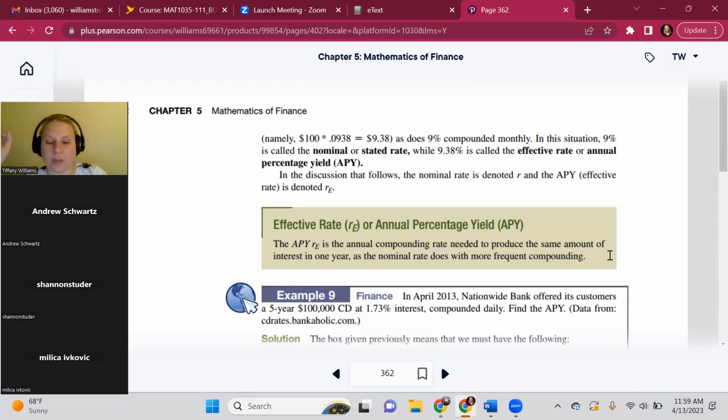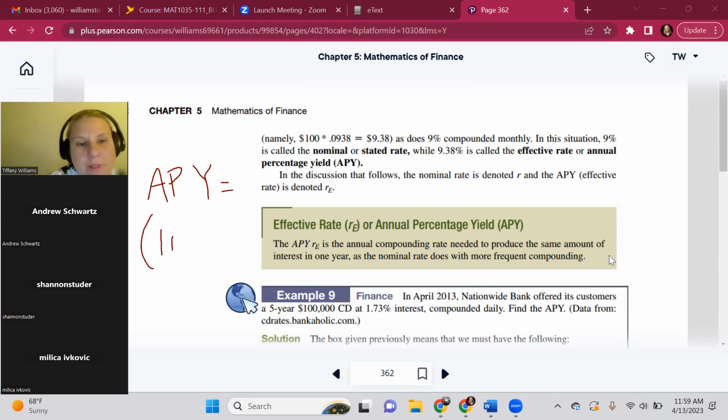Now, your book does not give you a formula for how to find the APY. I am going to give you a formula for how to find the APY. So definitely write this down, because it's not going to come up in your book. To find the APY, it's going to be 1 plus r over n raised to the n.